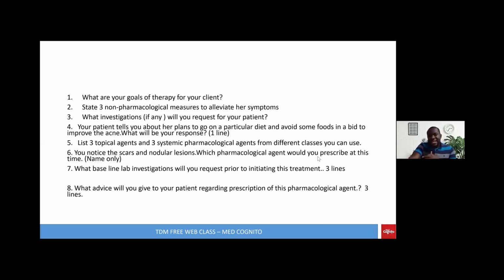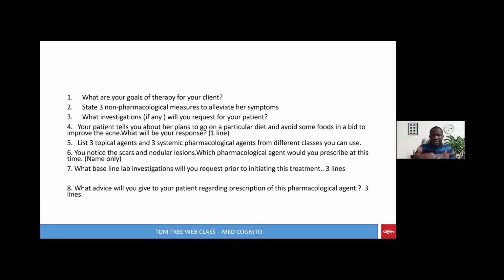What baseline lab investigations will you request prior to initiating this treatment? I'm saying 3 lines because sometimes you will have these prompts in the question, 3 lines, or sometimes you may not. For example, if it says, what are your goals of therapy, then you are at liberty to state as many as you know.